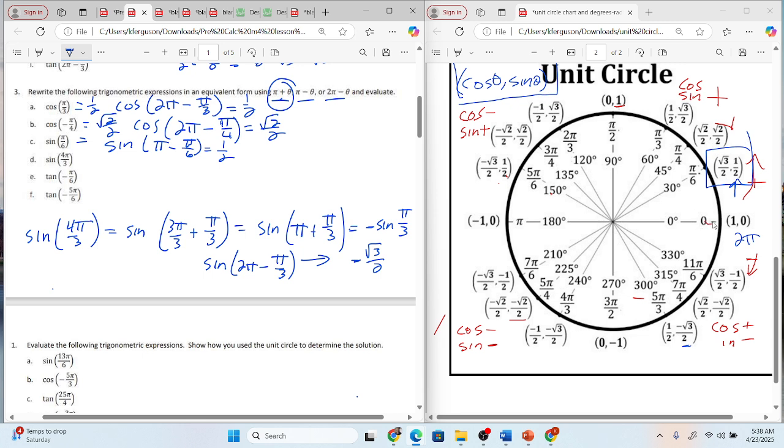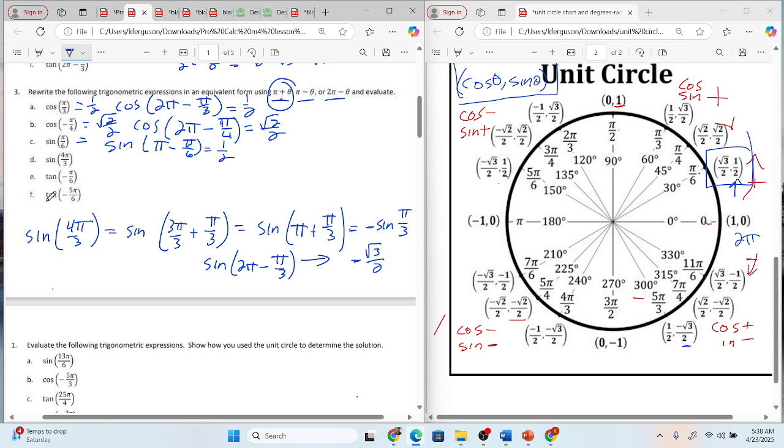So tangent of negative 30 degrees is going to be negative because I can tell that these two values, one is positive and one is negative, right? So that's going to be negative square root of 3 over 2 divided by 1/2. And so that's going to just be the square root of 3.